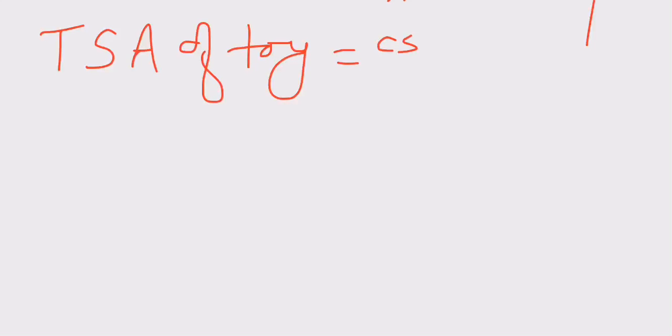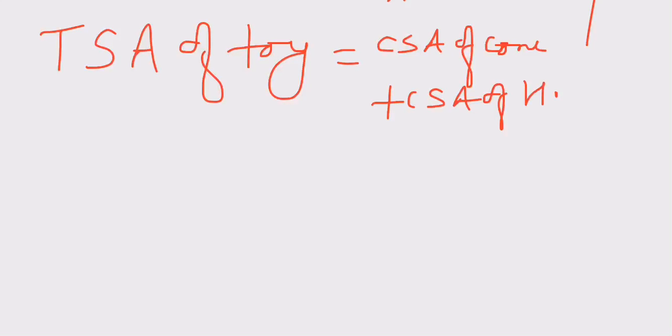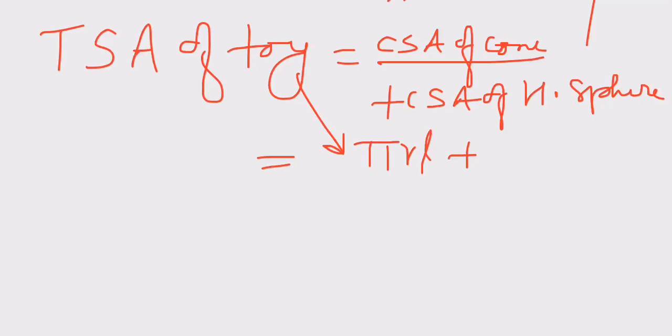Total surface area of toy, just write this, is equal to, if you want to write separately the total surface area of cone and the hemisphere, otherwise you just write the formula, that is CSA of cone plus CSA of hemisphere. This is one way to write, otherwise you can directly write the formula here also. The CSA of cone is pi r l and the CSA of hemisphere is 2 pi r square.